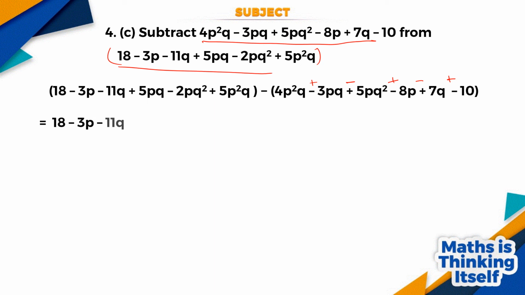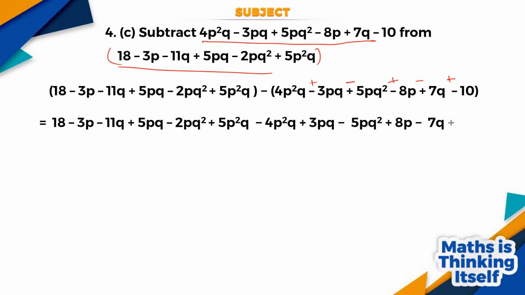The first bracket, 18 minus 3p, we write as it is, and in the second bracket, minus 4p square q, minus becomes plus 3pq, plus becomes minus 5pq square, minus becomes plus 8p, plus becomes minus 7q, minus becomes plus 10. In that way you can write the first step.